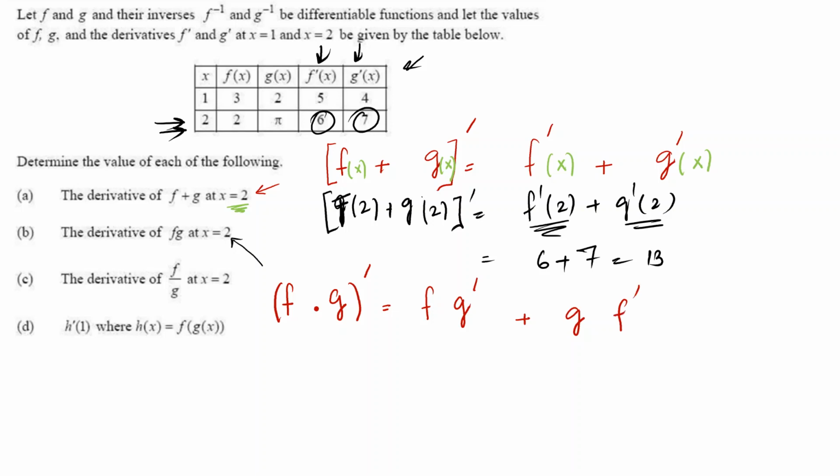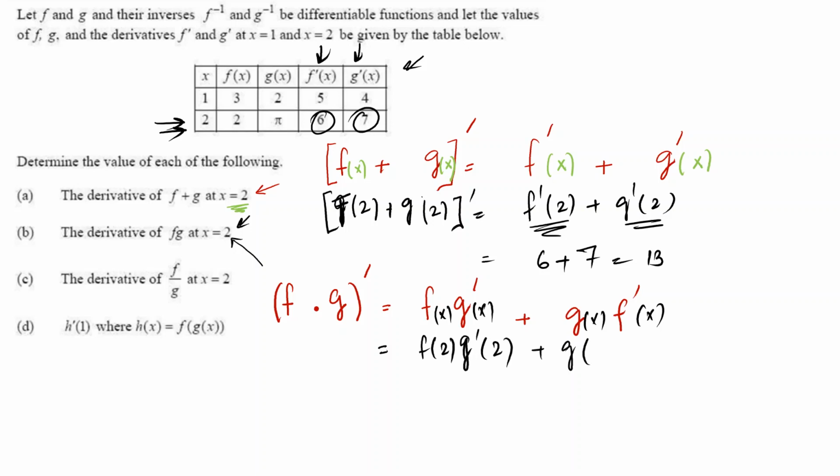That is f g prime plus g f prime. Wherever we have f and g, we will write it as a function of x. Now they are asking you to find the values at x equals 2. So wherever there is x, you will replace it by 2.